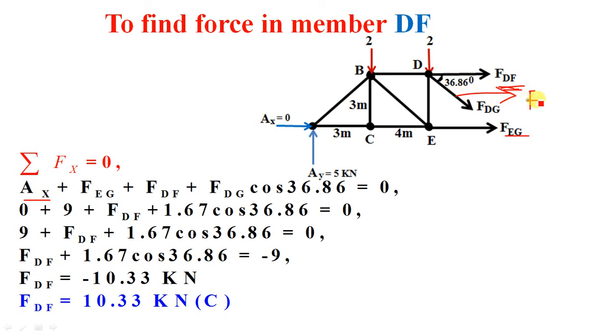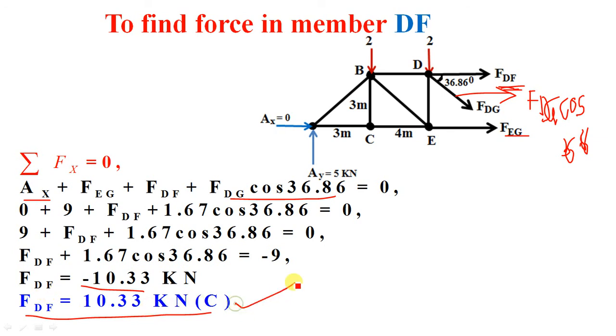F of DG cos of 36.86, and it is in the fourth quadrant, so it is positive. F of DG cos 36.86 is equal to 0. Substitute the values and you will get the value of F of DF. Initially you got minus, so it indicates that the assumed tensile direction is wrong. So the force in the member is 10.33 compressive.